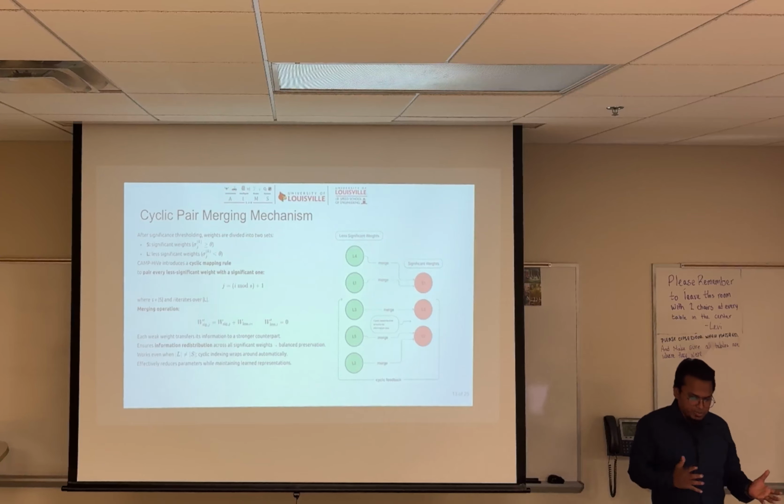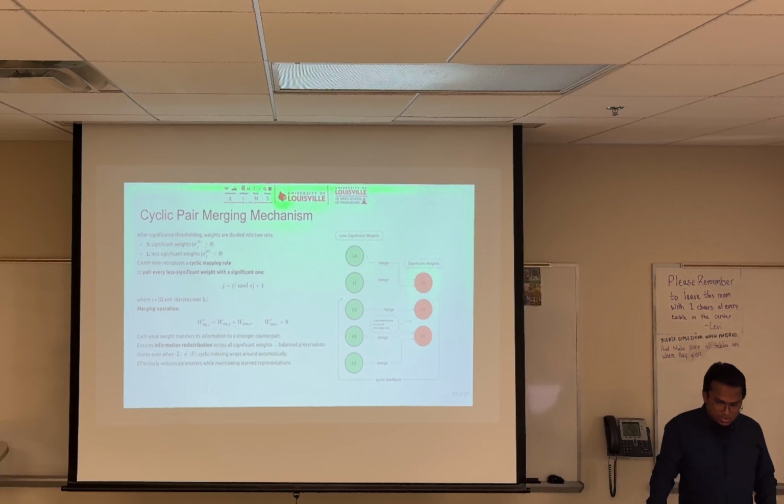After applying the layer-wise threshold theta we discussed earlier, every weight naturally falls into one of two groups. S represents the significant weights, the keeper weights that strongly influence the loss, and L represents the candidates for merging.